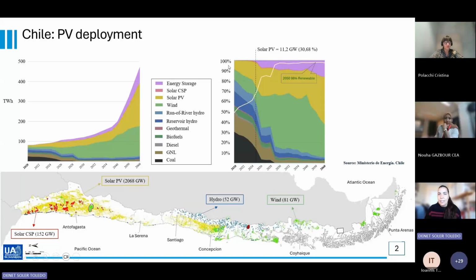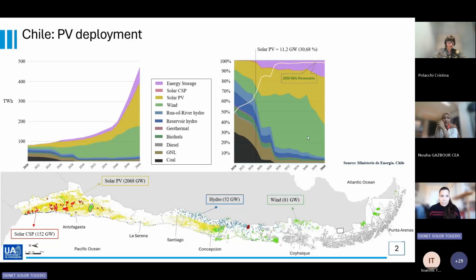And today we have an installed capacity of 11 gigawatts in the energy mix, and that represents almost 30% of the installed capacity. The expectation is to reach at least 98% of renewable matrix in 2050.